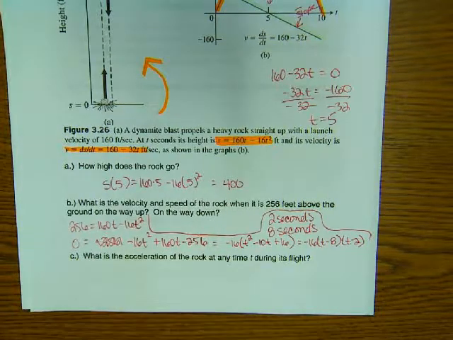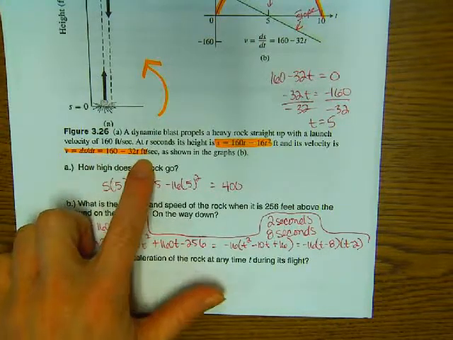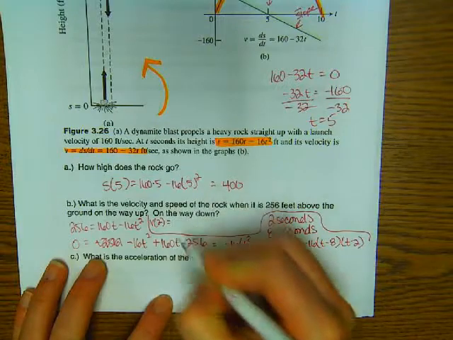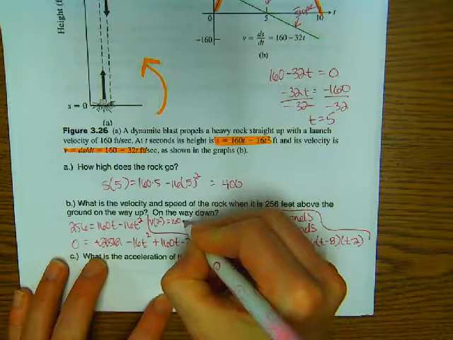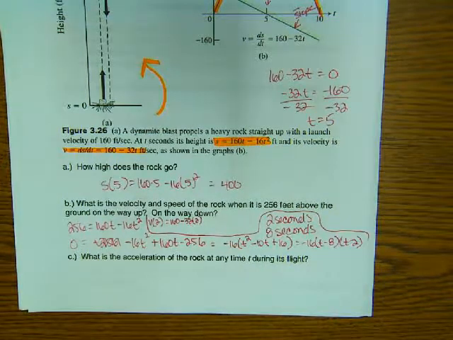So I'm going to find v of 2, which means 160 minus 32 times 2. What is that? Okay. 160 minus 64. Okay. So, what would be the units on that?